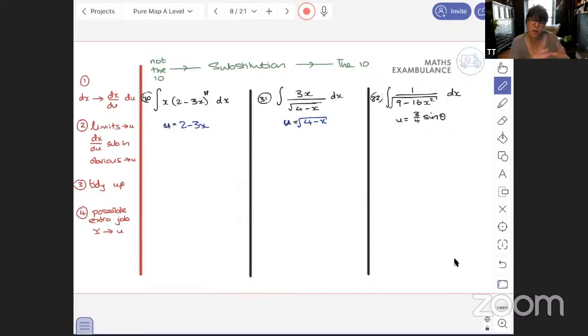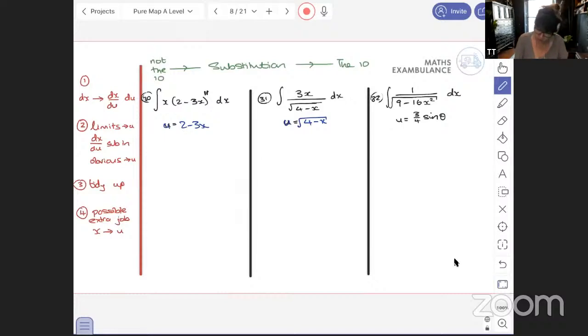Because you need to be so used to the ones where you can see what got differentiated, and all of the little tricks in fractions, algebra and trig to get you into things that can be integrated, that these ones are like, what? I'm looking at it and I'm going, I don't know what you differentiated. It's really hard, and that's where substitution is useful.